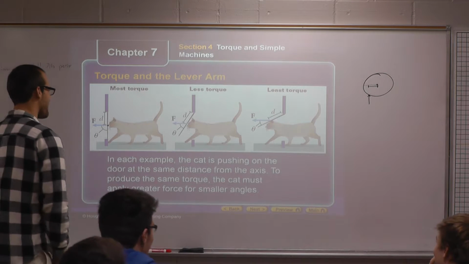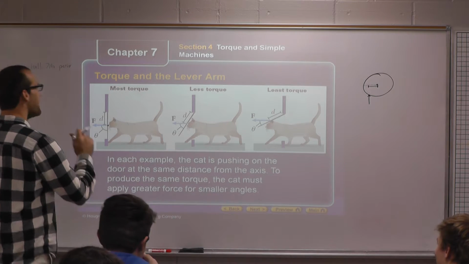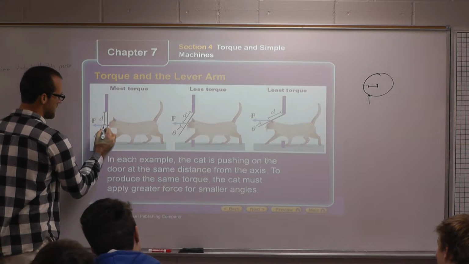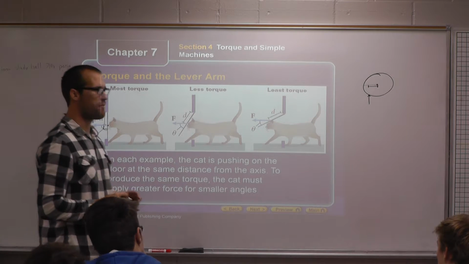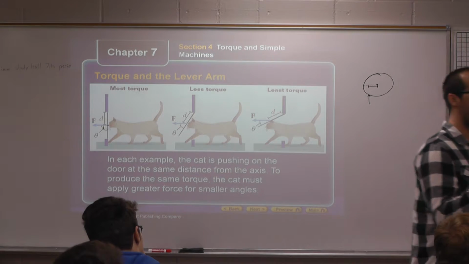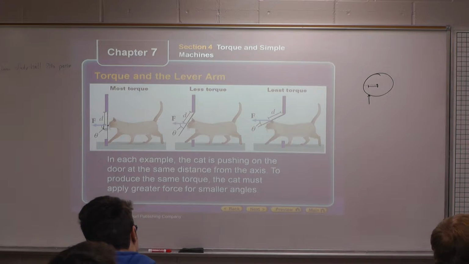Okay, so all I'm trying to show you here is when you have a 90-degree angle, or when you're applying a force 90 degrees to the motion, that's when you're going to have your most torque.